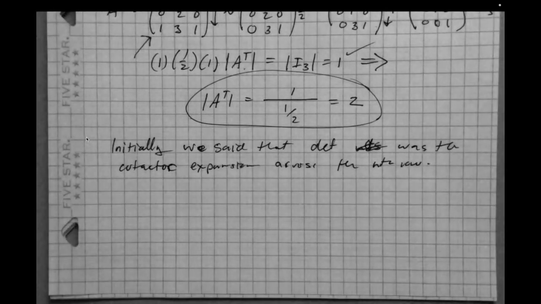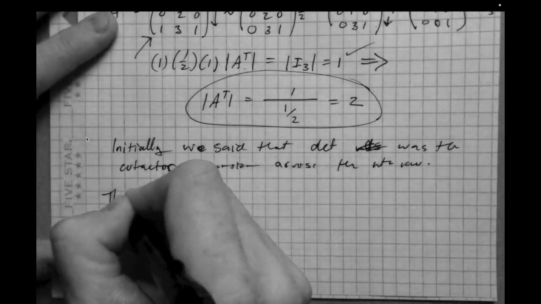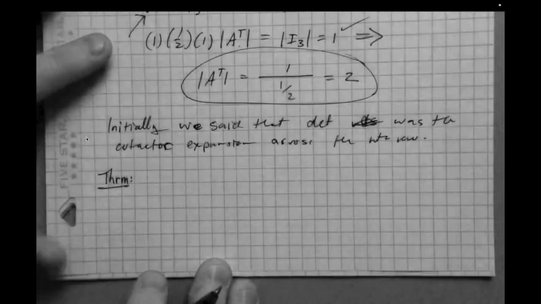Okay, so we said that initially. And then I did indicate when we were talking about that in fact you can, it's true that the determinant can be calculated using a cofactor expansion across any row and across any column. And we just want to explore that for a moment. And so let's state it formally.